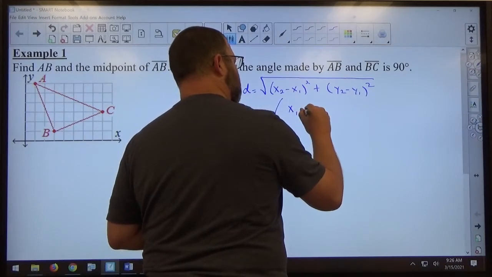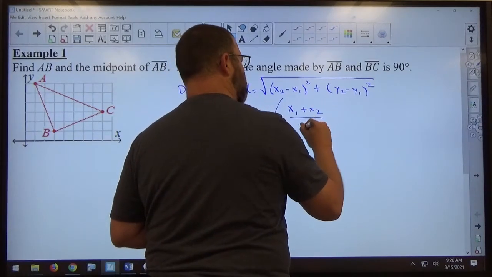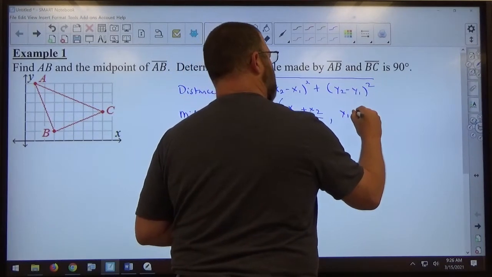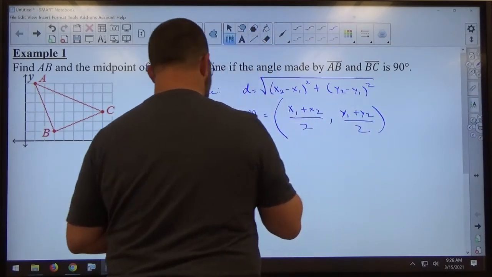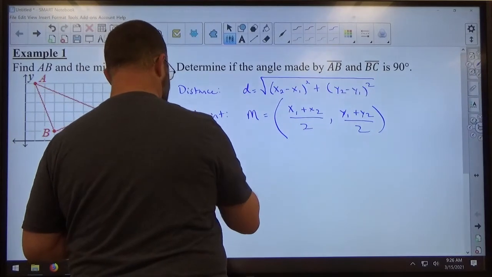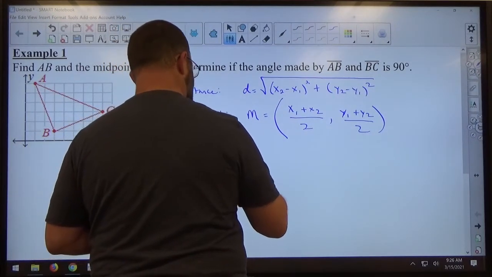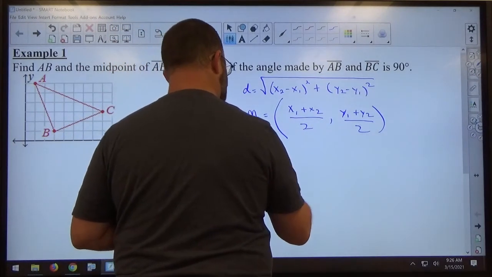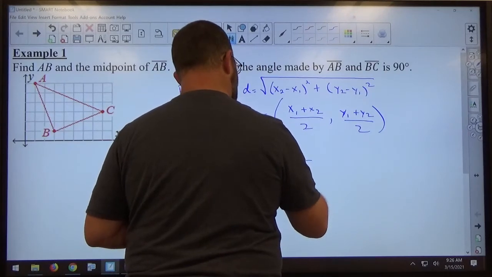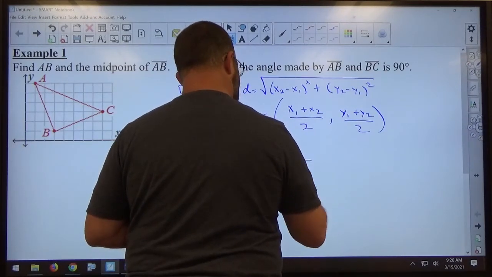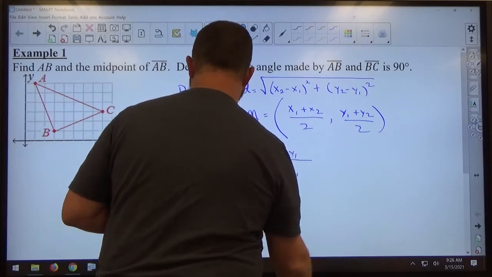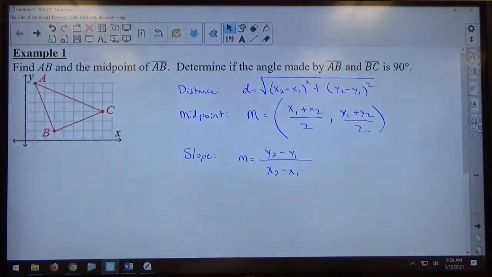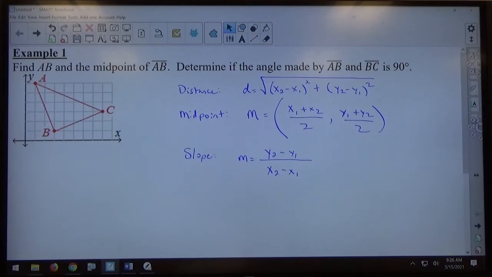It'll be x1 plus x2 over 2, y1 plus y2 over 2. And then the slope formula, the slope between any 2 points in the plane is y2 minus y1 over x2 minus x1. Those three formulas will be used frequently in this chapter.